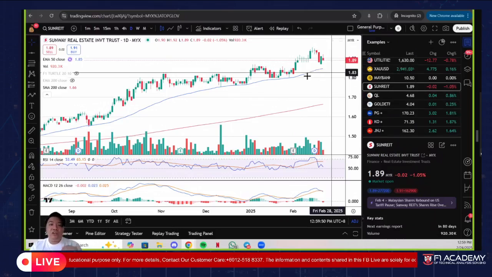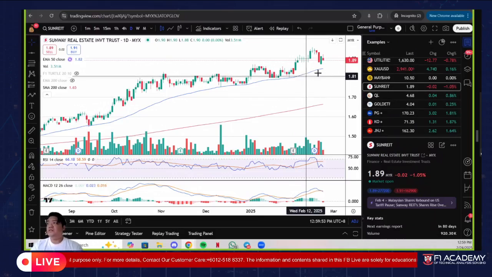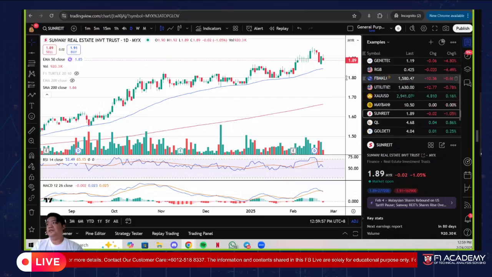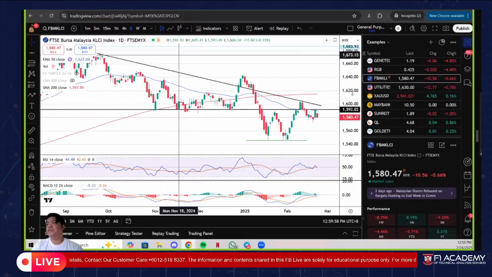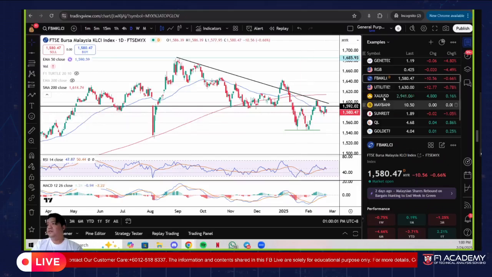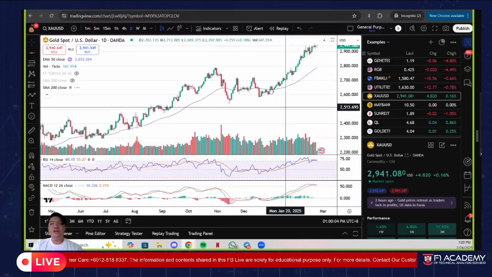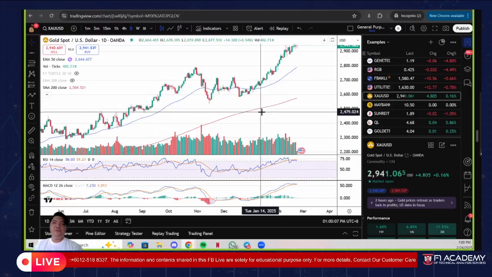Gold usually goes up when stocks fall. I'm just going to give you a good example. Wow, KLCI is in a downshot, right? Wow, look at that. Gold headed in the opposite direction. Just to prove my point, okay? You get the idea now, get the picture? So you can look at gold.